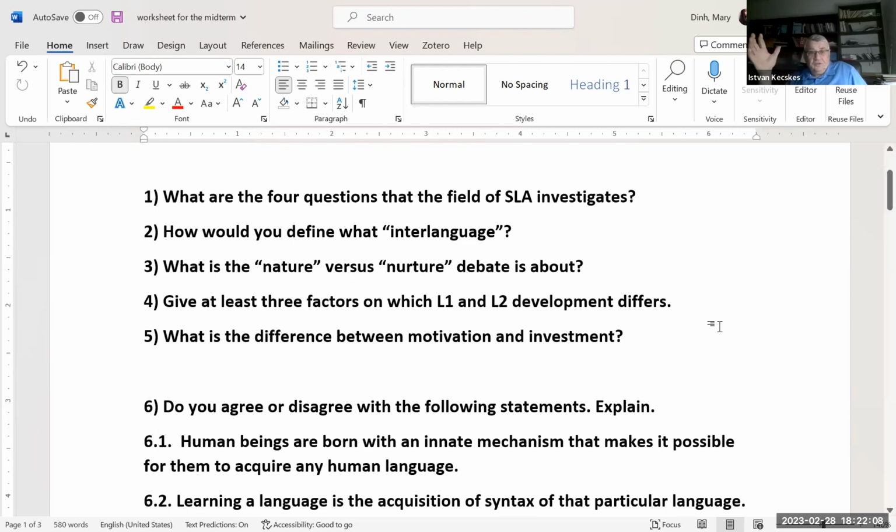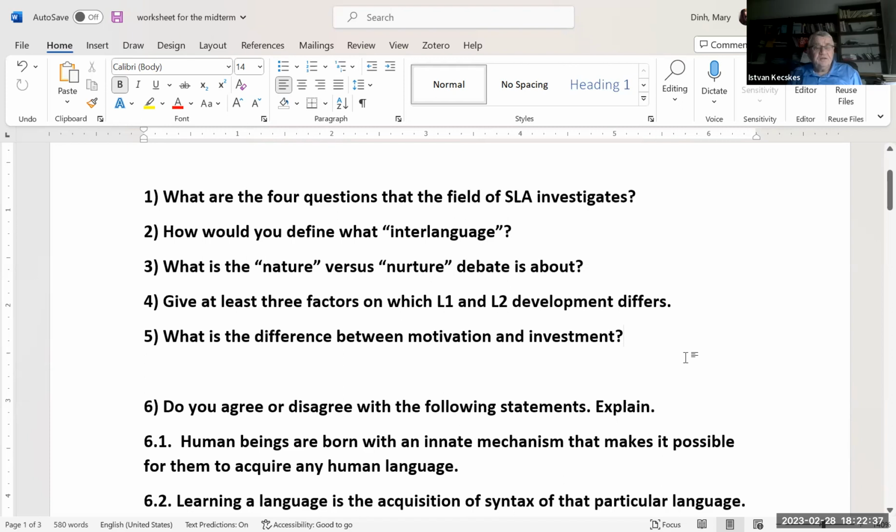So the motivation is individual, and the investment is more like social. The social circumstances sometimes even require you to do things that you may not necessarily like, but you think that you need to invest energy, money, or effort into something.